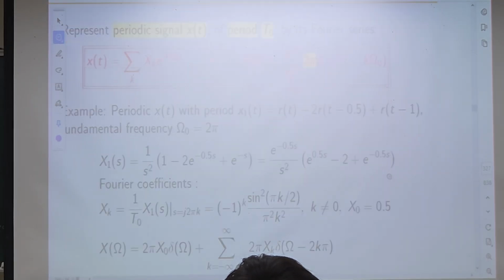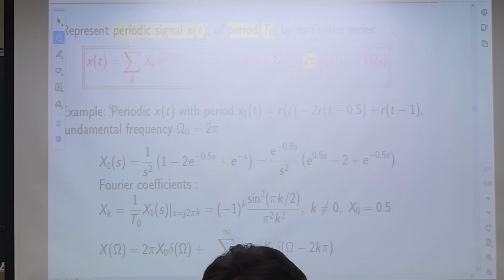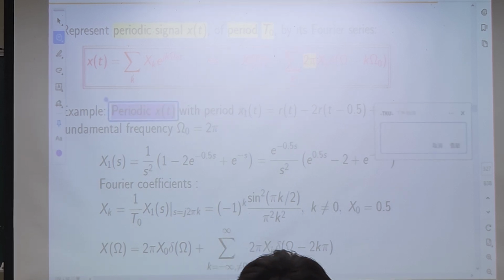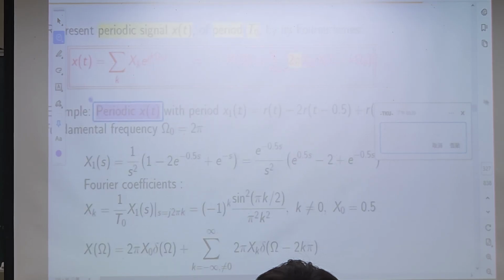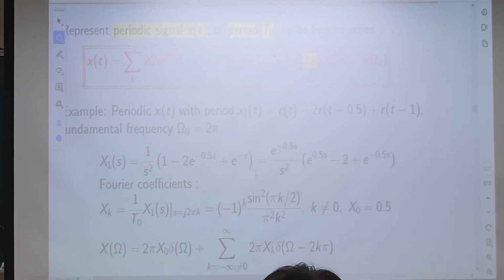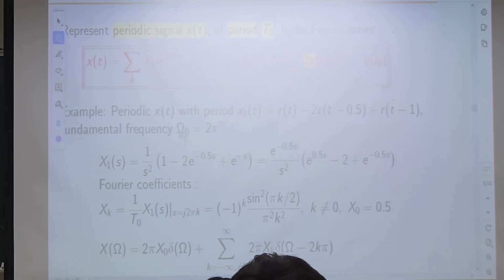So here is a quick example. Suppose I have a periodic signal, x of t, and I have another function x1 given by this. And then the fundamental frequency is this one.